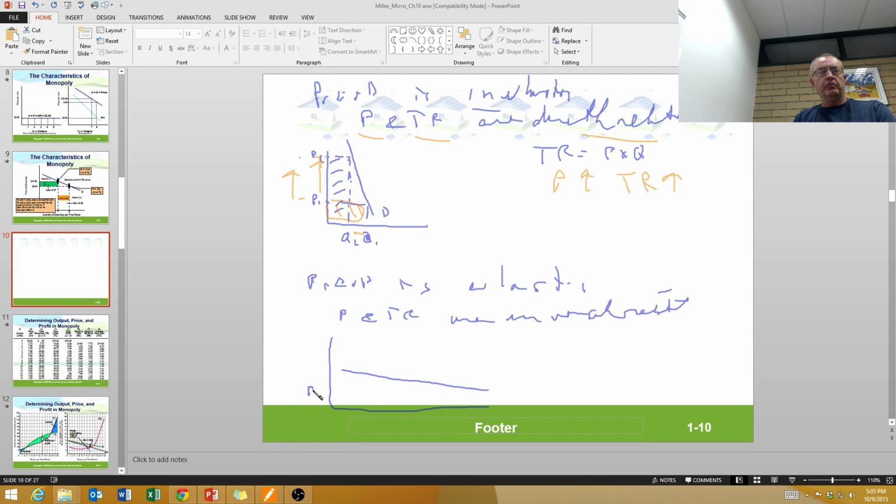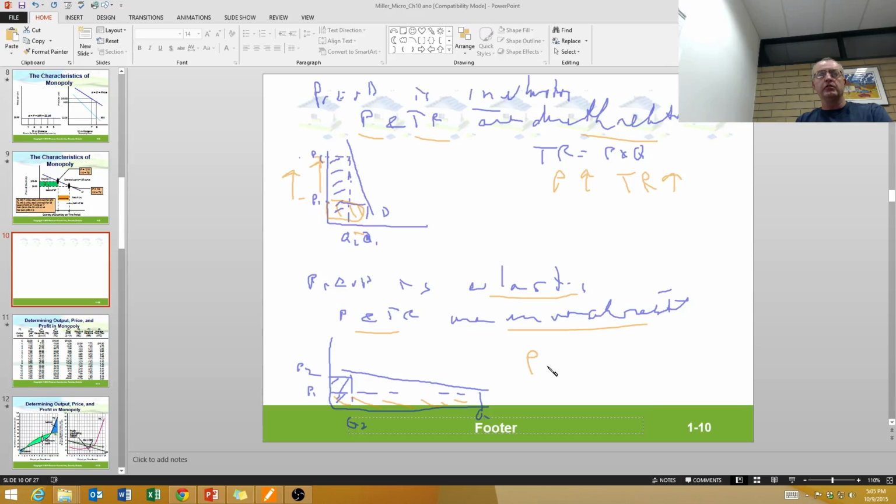and we have P1, Q1, P2, Q2. So we can see that the first box is quite a bit larger than the second box. So if the demand curve is relatively inelastic, it's price inelastic. Price and total revenue are inversely related.